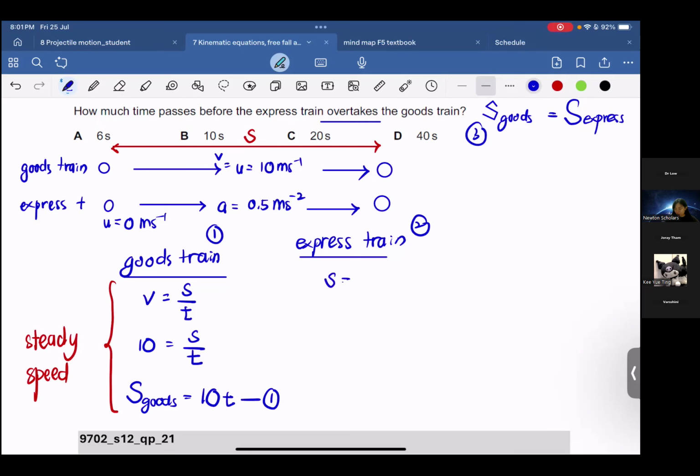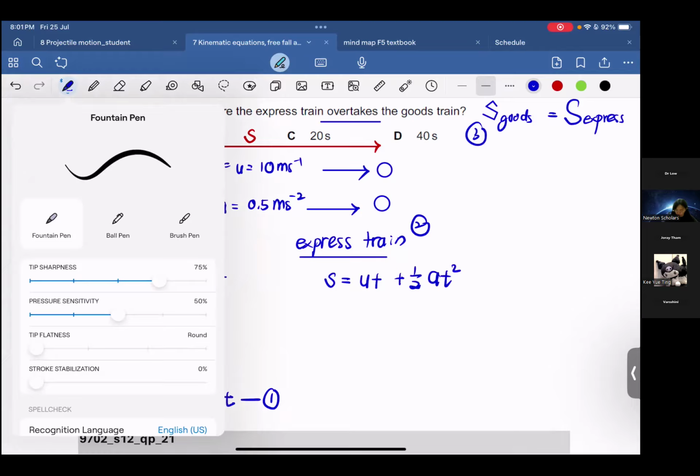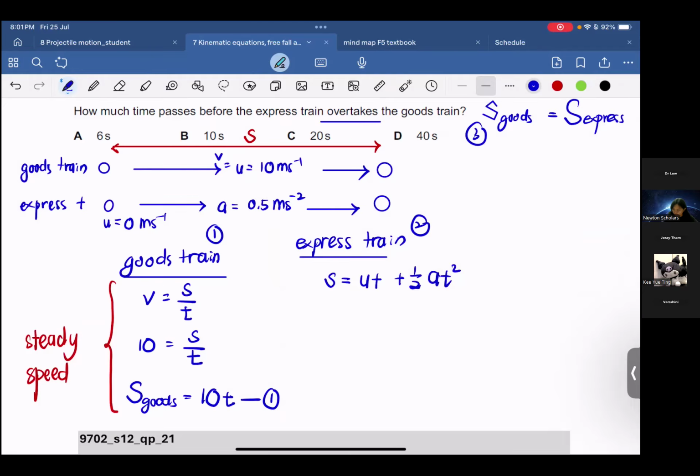Let me know if you get the answer. Any of you able to solve this question?